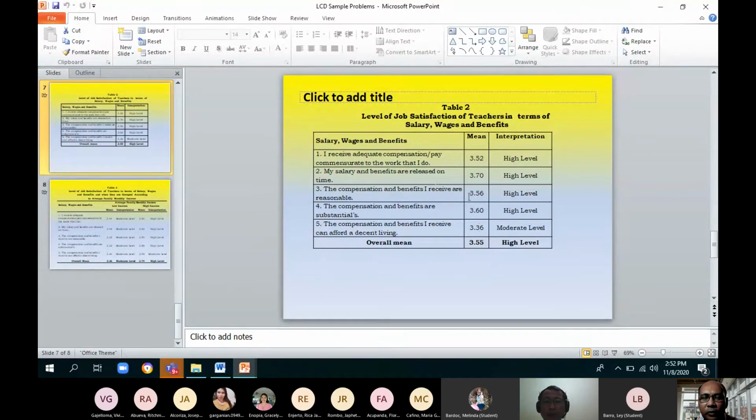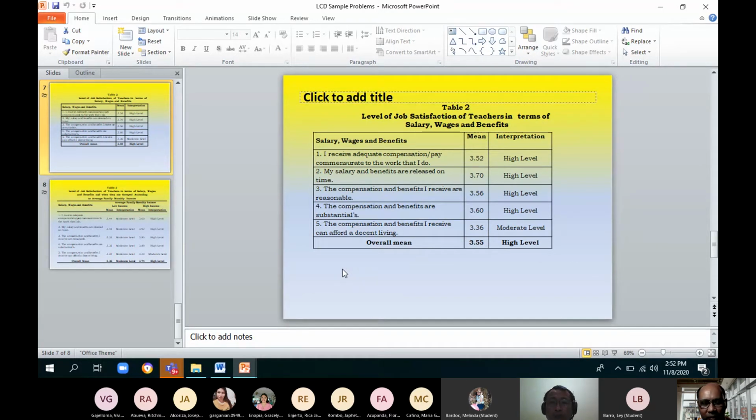Okay? For example, this one, find the lowest and the highest and the overall mean. The lowest is 3.36. And the highest is 3.70, with an overall mean of 3.55. So ito lang ang i-mention sa discussion. For example, sasabihin mo sa discussion, table 2 shows that.